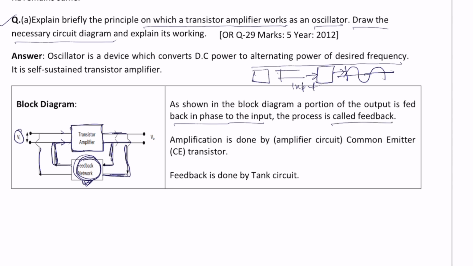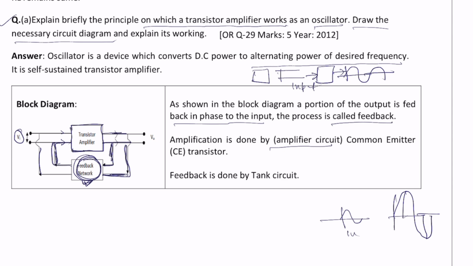Amplification is done by the amplifier circuit. Amplification means, suppose we have a small voltage applied, the output is very high. For a small change in the input, the output is amplified. This is the purpose of an amplifier.